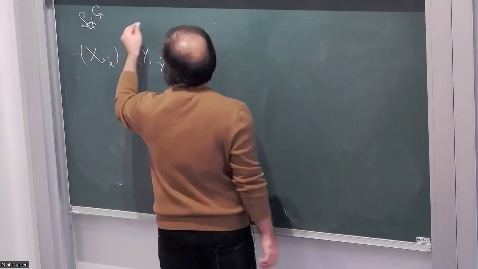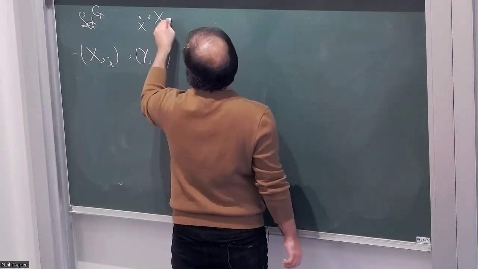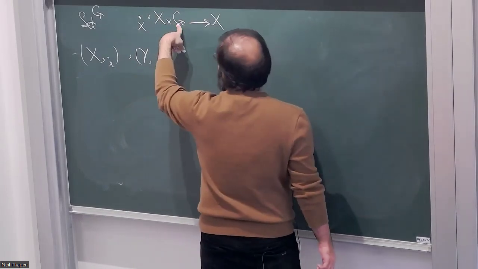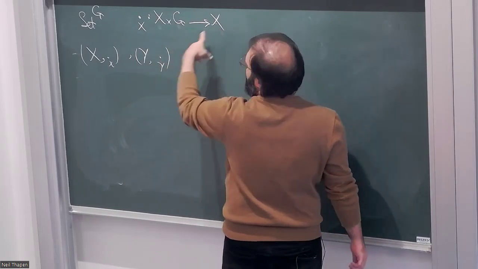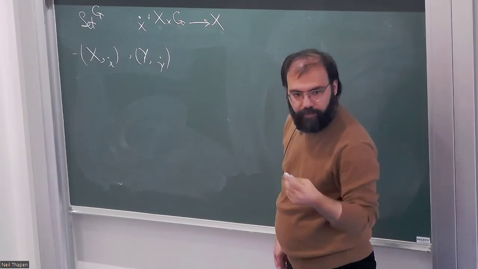And if you don't remember, you have to remember that this action is just a function from X times G to X, such that identity maps everything to itself. And if you compose here, then you compose the functions, right?